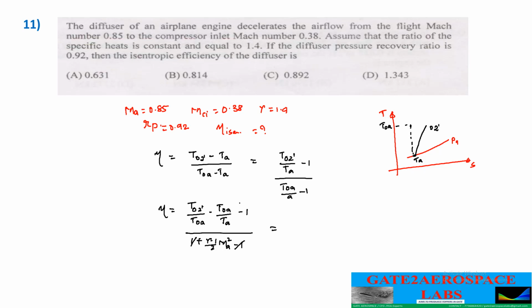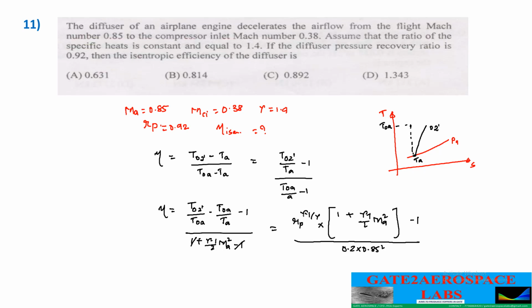If you rewrite this, we can write it as pressure ratio to the power (gamma minus 1) by gamma into this, which will be equal to this into 1 plus (gamma minus 1) by 2 into MA square minus 1, divided by (gamma minus 1) by 2, which will be equal to 0.2 into 0.85 square.